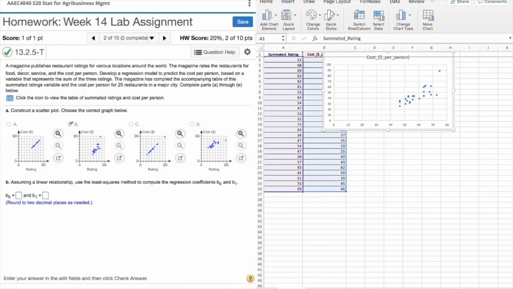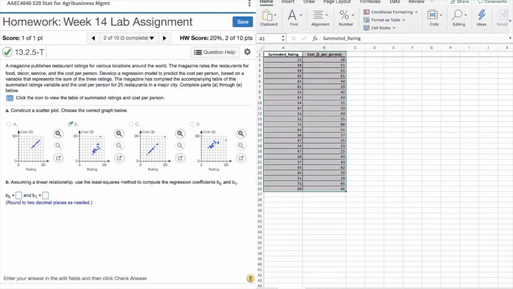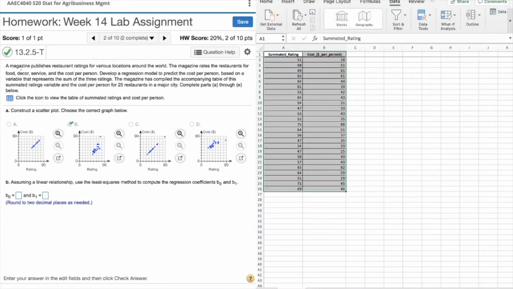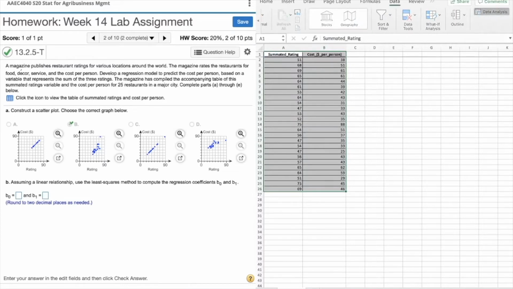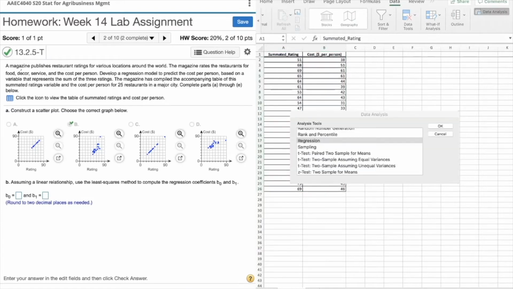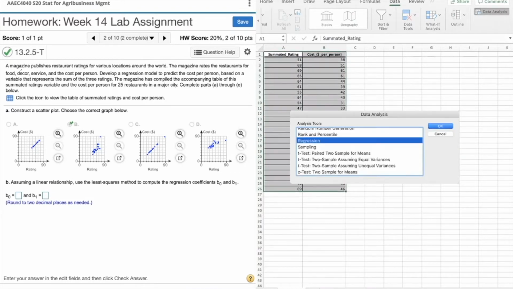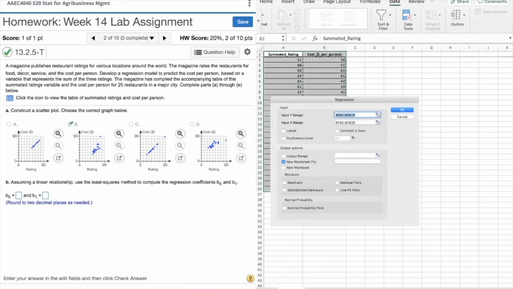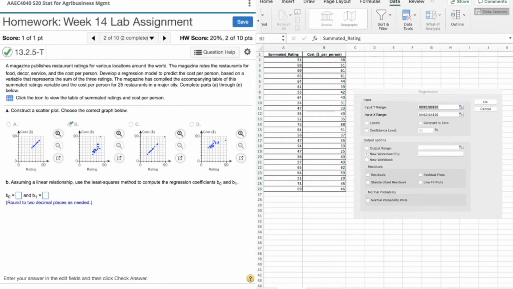Part B requires us to run the linear regression. We find Data Analysis and run the regression. Here we need to make sure that we input the correct X range and Y range.